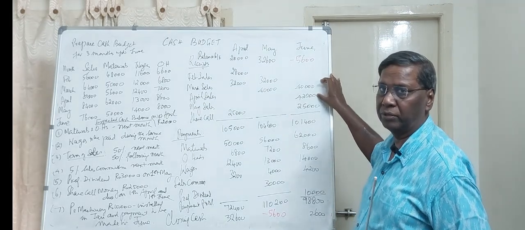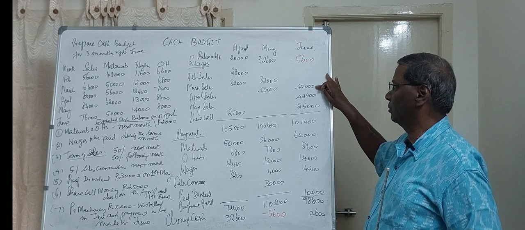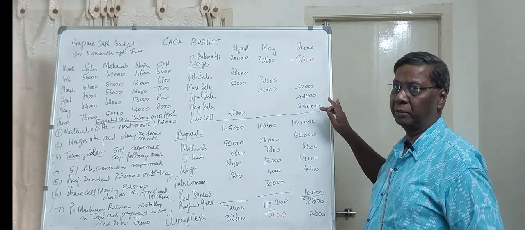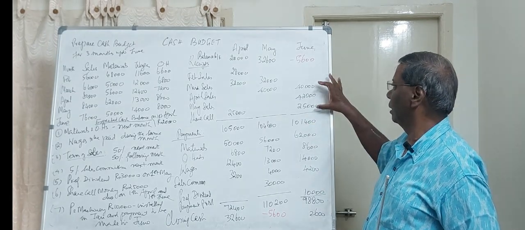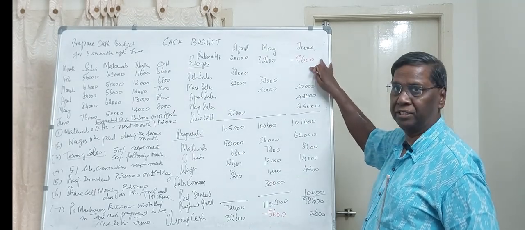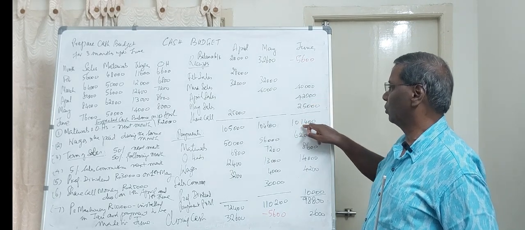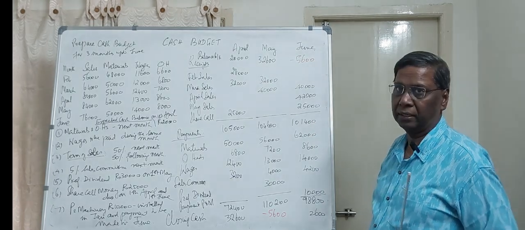Sales we have already charted out, 40,000 sales receipt, then 20,000 shareholders' money. After adding all these, the deficit of 5,600 will be absorbed in the receipt. So the receipt will be reduced to 1,01,400.